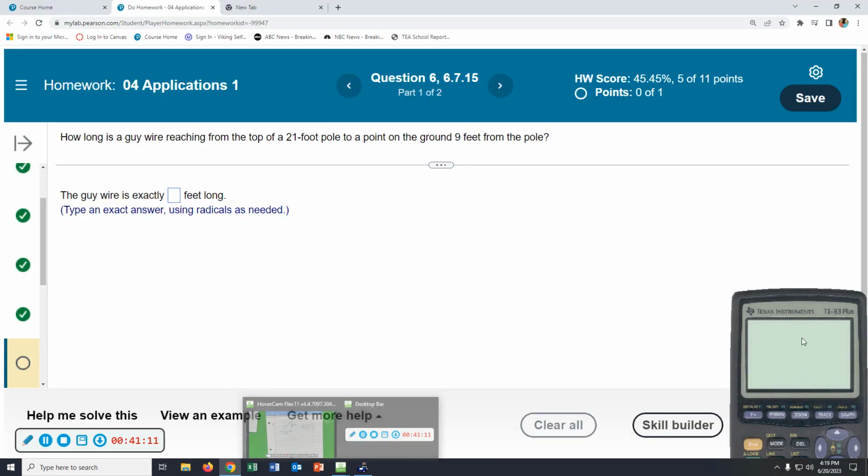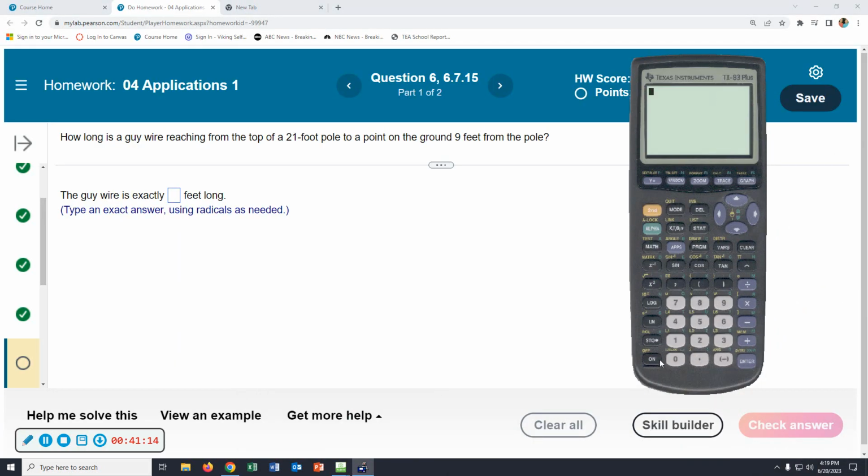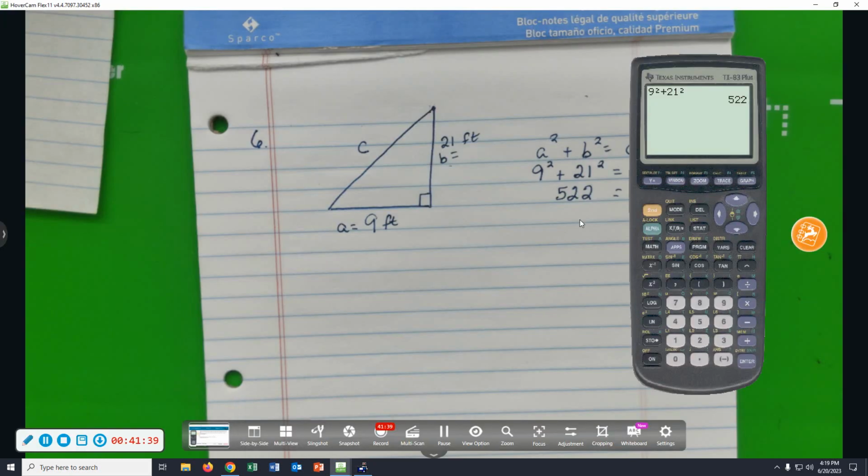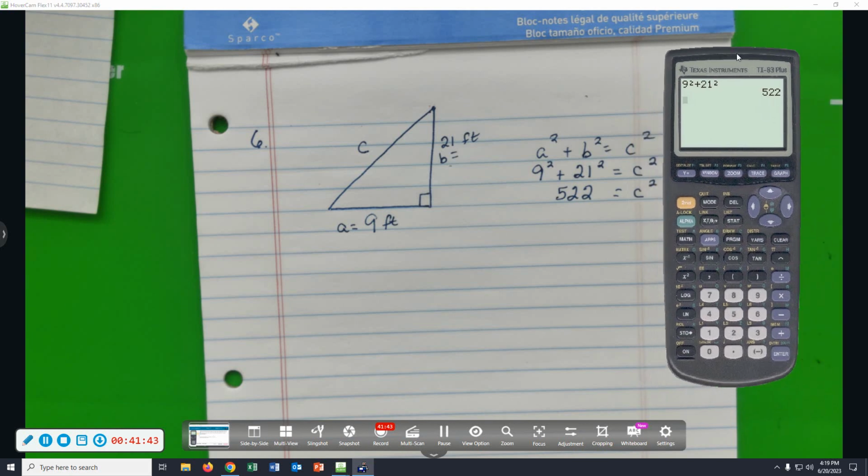Let's punch in 9 squared plus 21 squared. Let me move my calculator out of the way of the work.